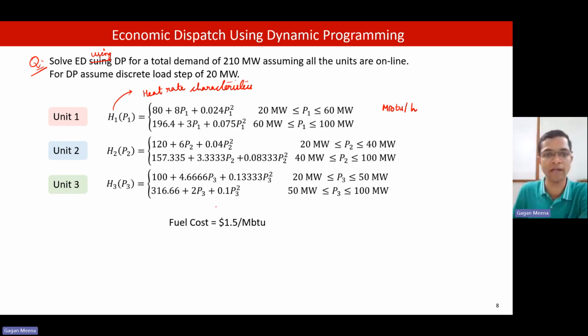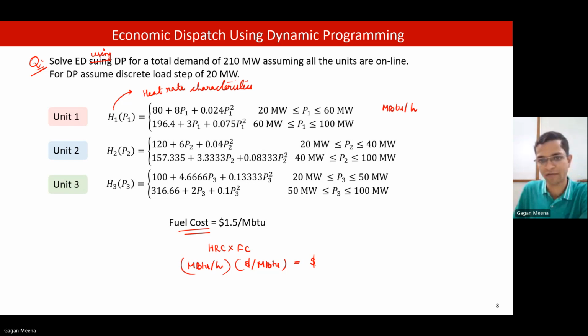When we multiply the heat rate characteristics by the fuel cost, MBTU per hour times dollar per MBTU, we get our cost curve in dollars per hour, the input output cost curve. If we just multiply everything by 1.5, we'll get the actual input output curve.